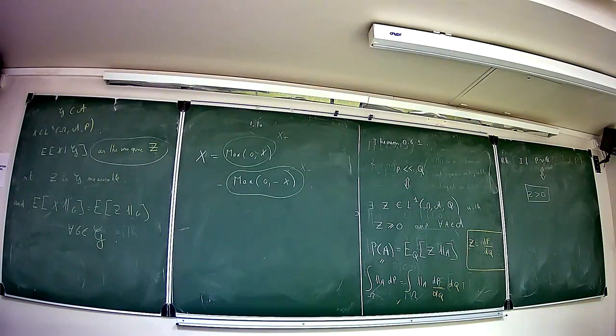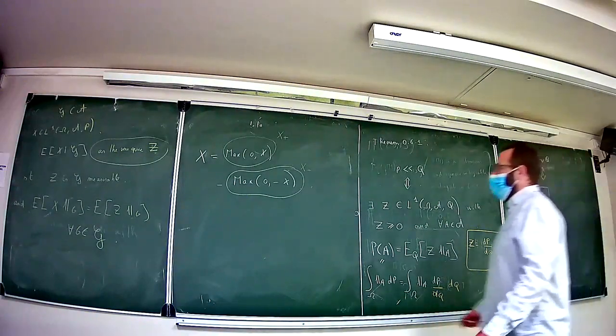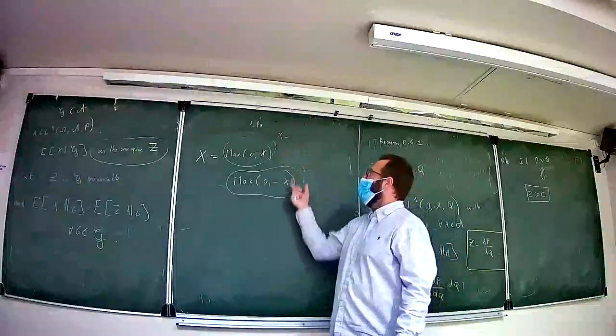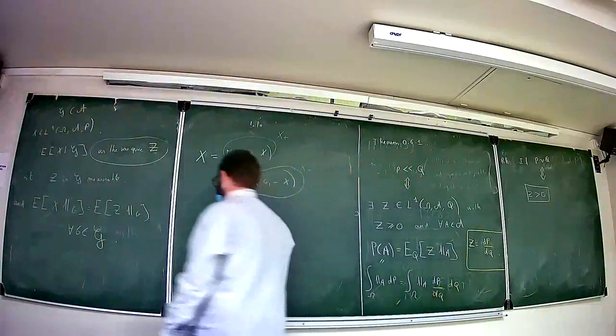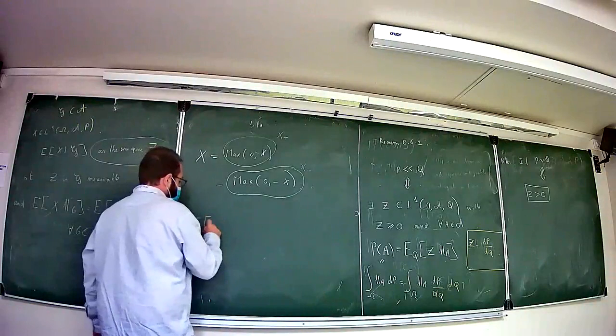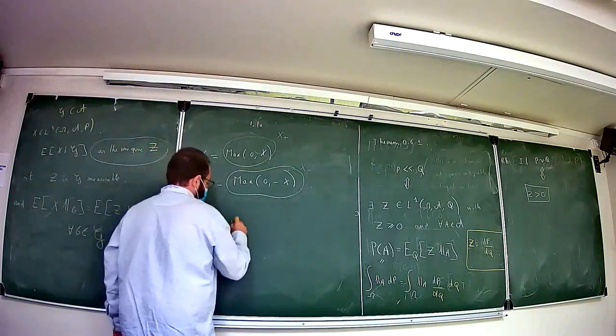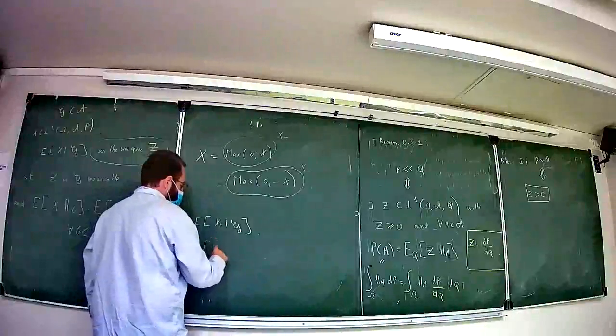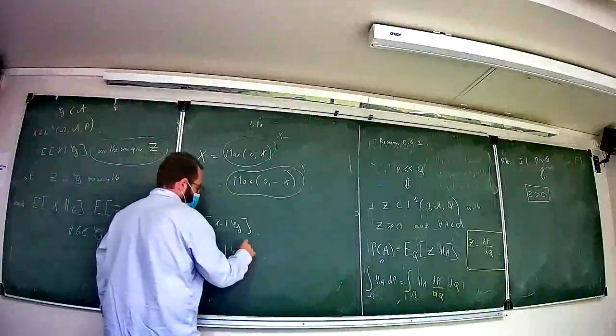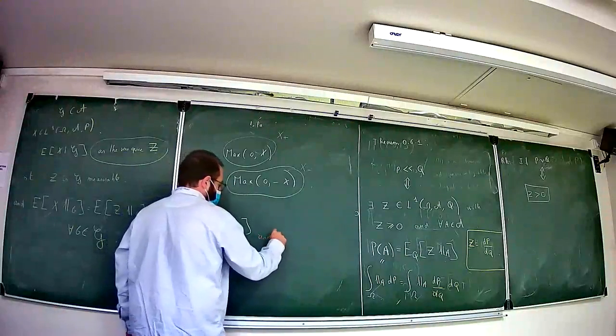Okay? And why, if I have this, does it answer my question? Because suppose that the conditional expectation of x plus given j and the conditional expectation of x minus given j are well defined.